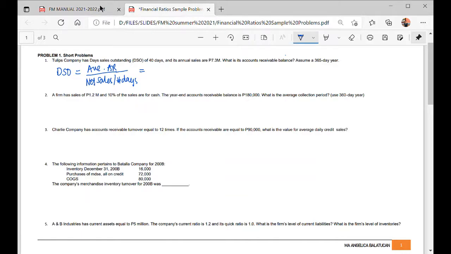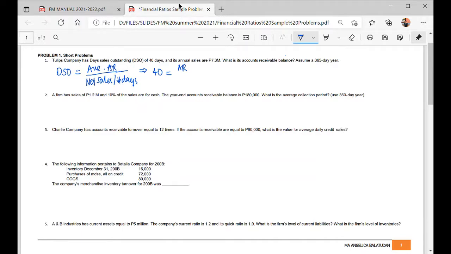Therefore, in our formula, we can convert this as 40 equals your average AR, or simply your AR, because there's no given here as to the beginning and ending balance, so we cannot assume. So this is our AR.